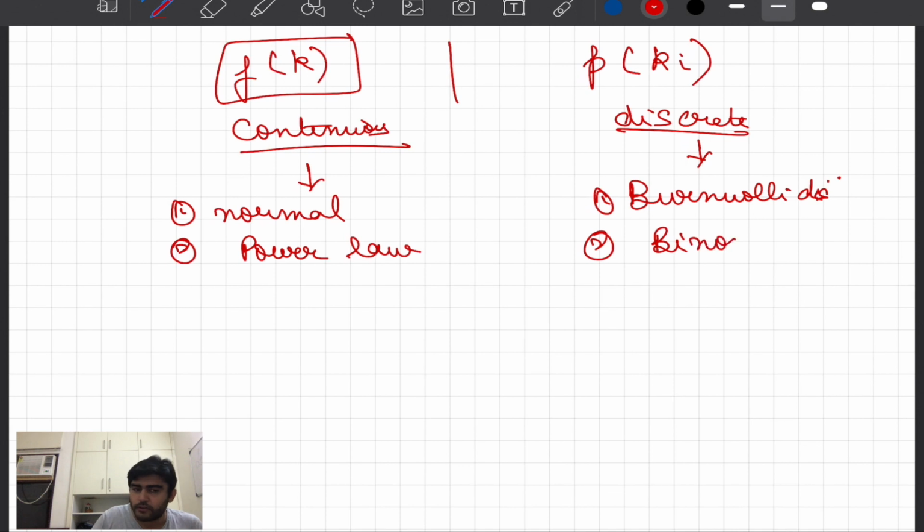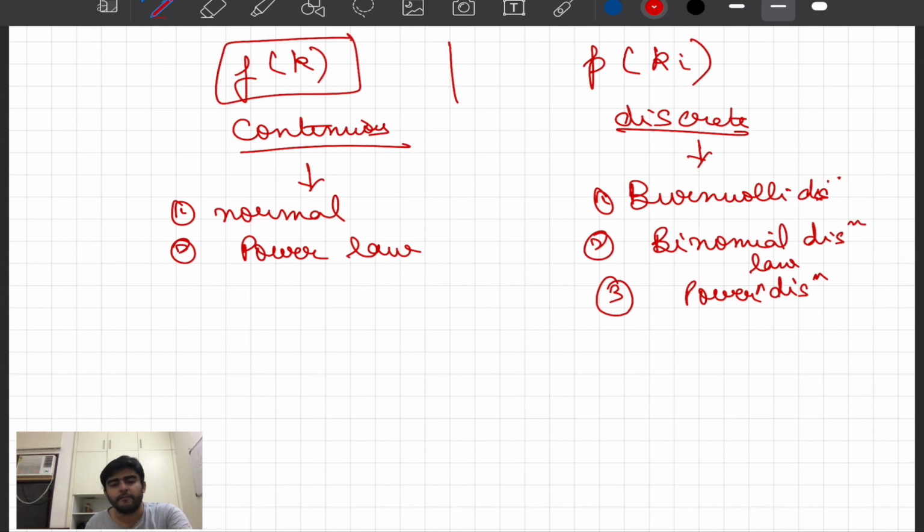We also talked about the binomial distribution, which is used to model multiple binomial trials happening in an experiment. Power law can also be used to describe discrete variables, so this would be power law distribution, which we will cover in the next chapter.